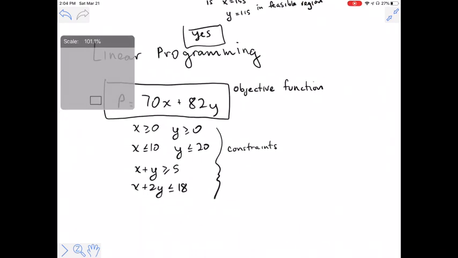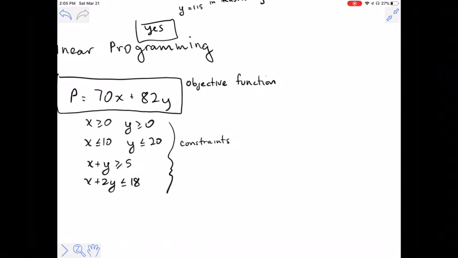So using this setup here, our example is going to be: find the values of X and Y that maximize P. And P refers to the objective function here.